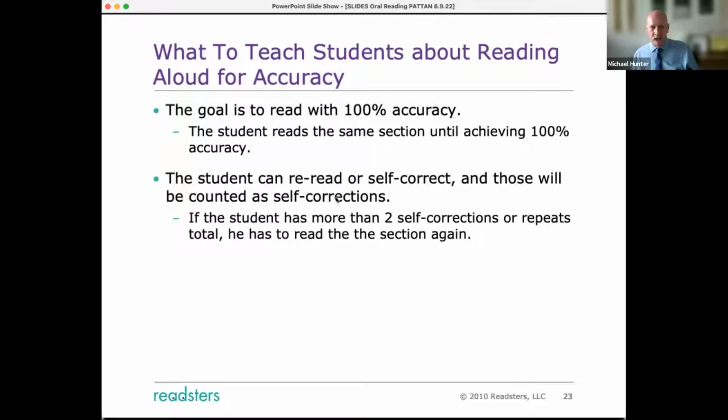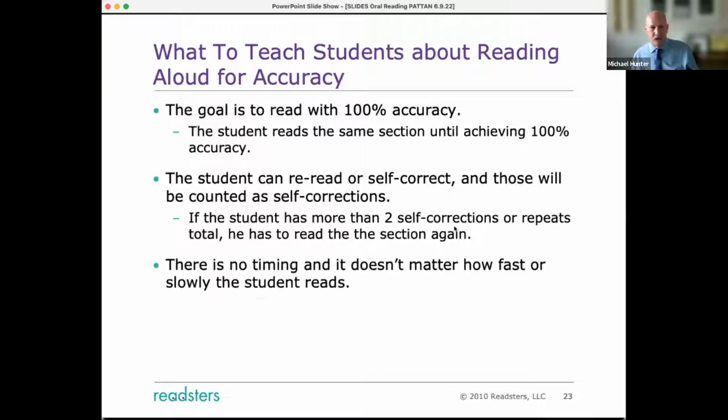The other thing that will count as a self-correction is a repetition. So if a student rereads a word, and I call these the running start kids, that start at the beginning of a sentence and they read a little bit of a sentence, so they repeat 1 or more words that they've read accurately before they continue with the sentence.